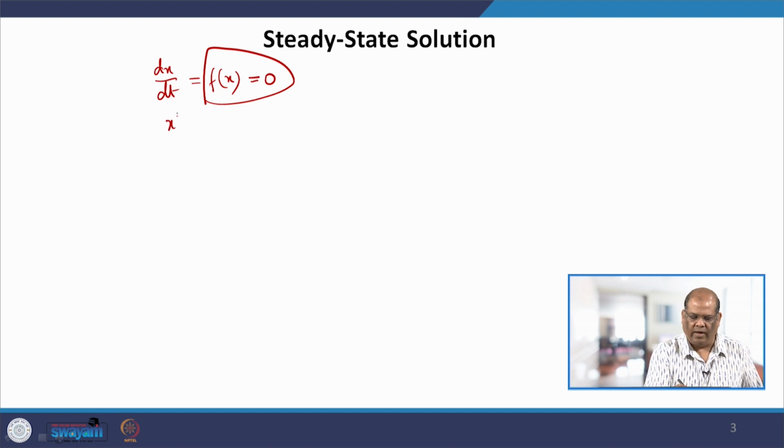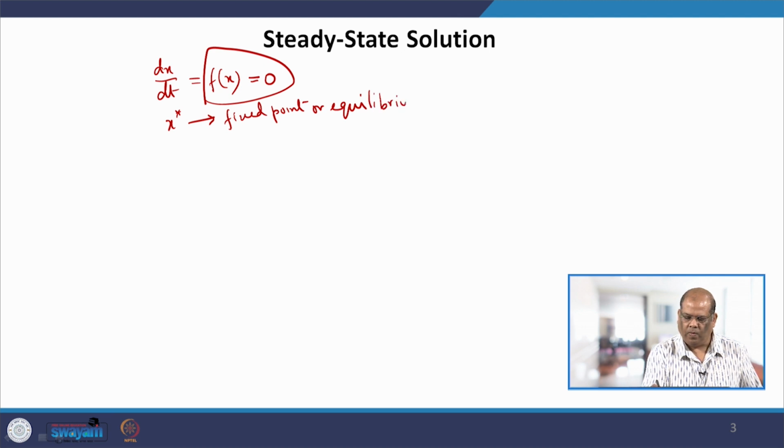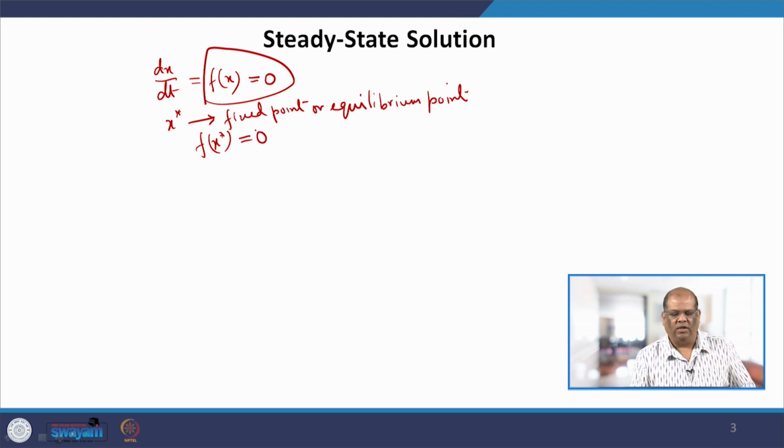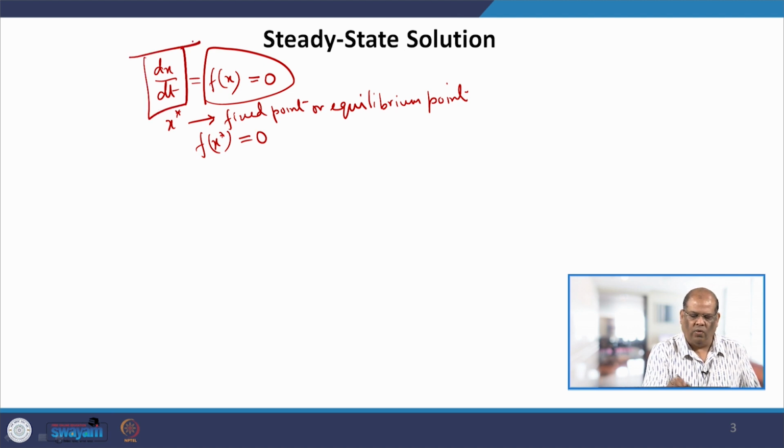If that value of x is x*, which we call a steady state solution or fixed point or equilibrium point, then at this point f(x*) must be equal to 0. And this happens because, from the definition, there is no change in the solution.